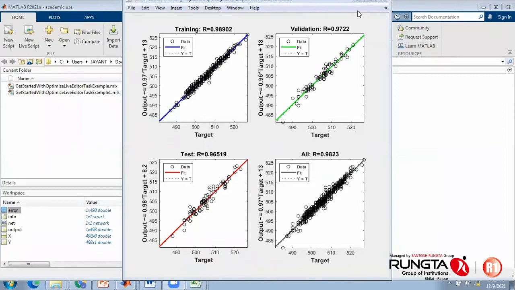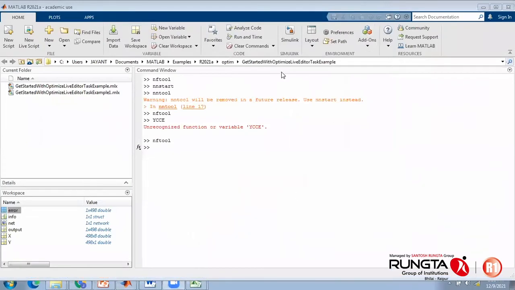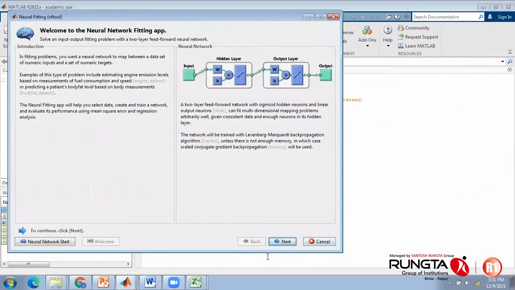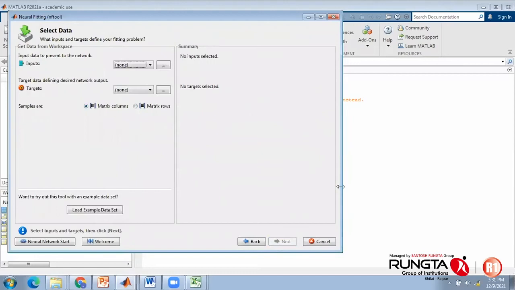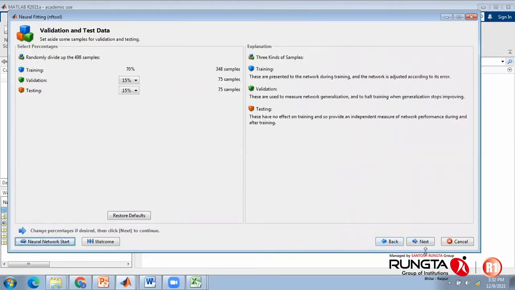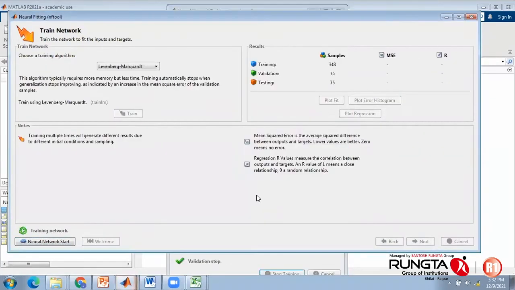Let me go back to the NF tool. Again, X input, Y, matrix rows, next. The maximum limit is 19. Let me go ahead with this and train it.